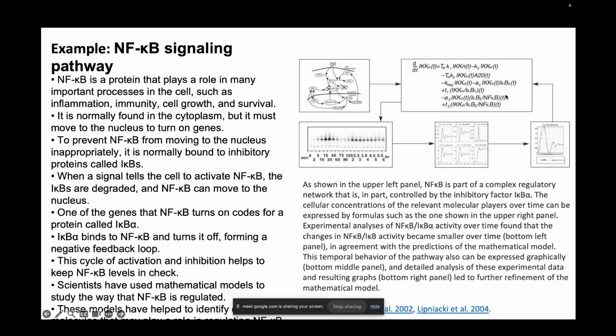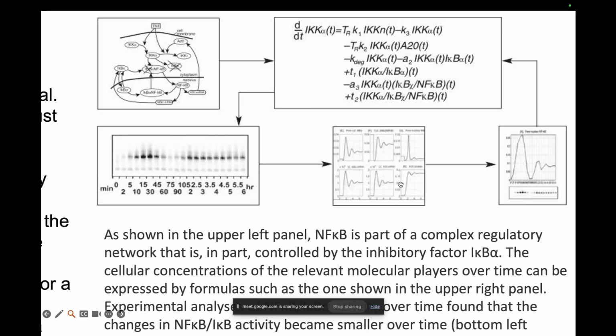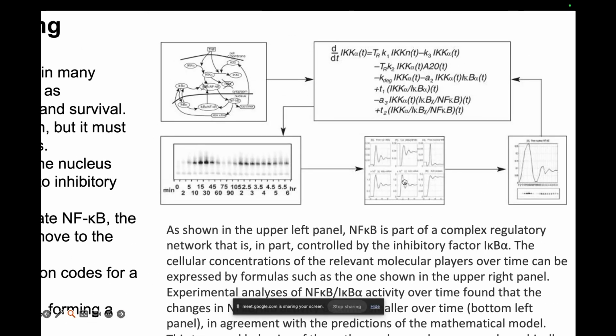So this is basically the model which takes into account different things inside the cell, different behaviors and everything. And this is how the curves turn out. I am not sure if you're able to see it. This is how the behavior of NF-kappa B over time turns out, and this is the network.